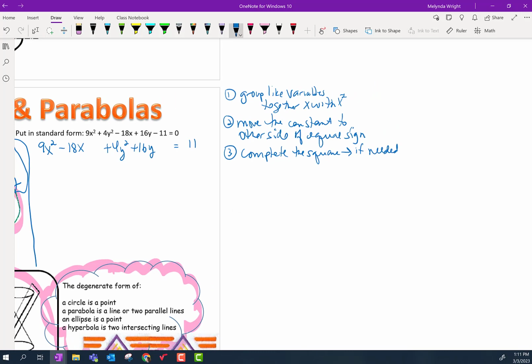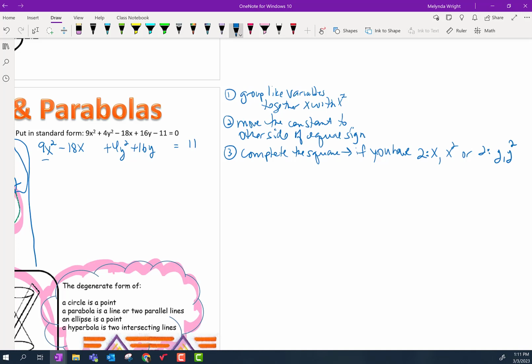If you have 2 x's, like x squared and x, or 2 y's, like y and y squared, that's when you know you need to complete the square.